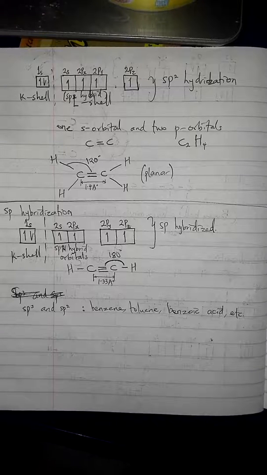You can also have sp2 hybridization, which is recognized by the formation of carbon to carbon double bonds, which means the compound is unsaturated. In the case of sp hybridization, it leads to the formation of carbon to carbon triple bonds, which means the compound will be highly unsaturated. All right, so that is that about that.